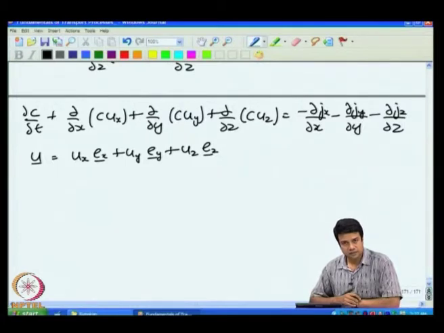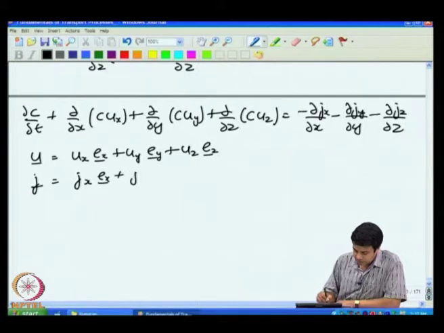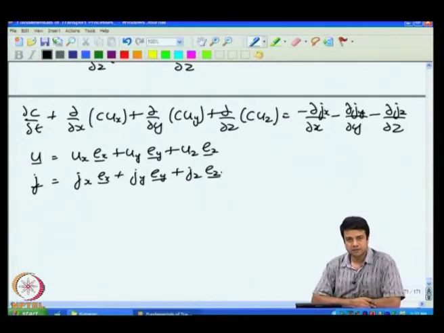Similarly, one can also define a vector flux. Okay. J vector is equal to Jx Ex plus Jy Ey plus Jz Ez. So, this is the vector flux. And I now have derivatives here. I can also define a vector derivative operator.